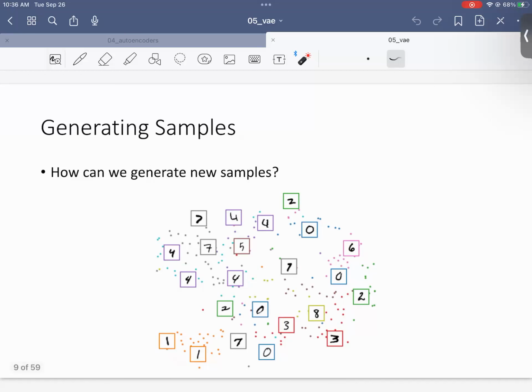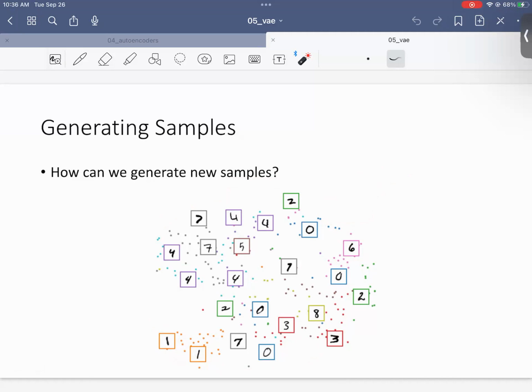And the question is, can we generate new samples? So we have a trained autoencoder, and the latent space of the autoencoder looks like this. This is just an approximation, because in reality, the size of the latent space was 4, right? But because we wanted to scatter plot it, we downsized it to 2 using either PCA or t-SNE or UMAP. So this is even an approximation.